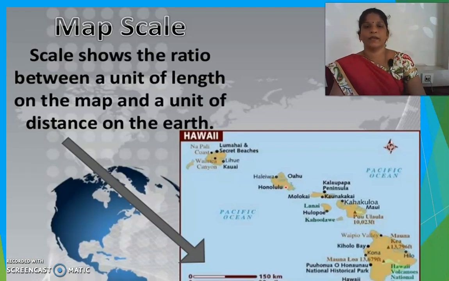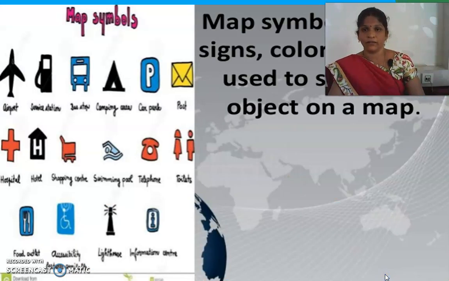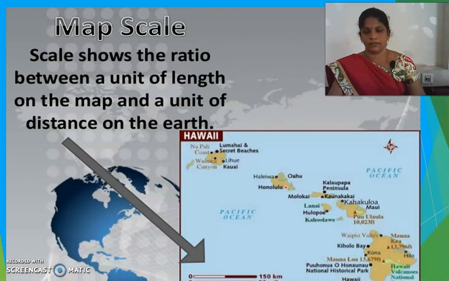The next is very important for you, map scale. In all the maps, if you look here, the scale is given as 150 kilometers, 26 miles. The scale shows the ratio between a unit of length on the map and a unit of distance on the earth.